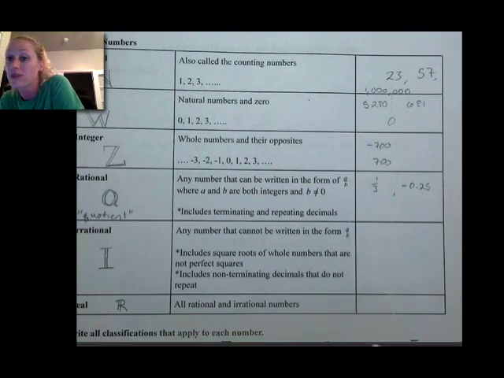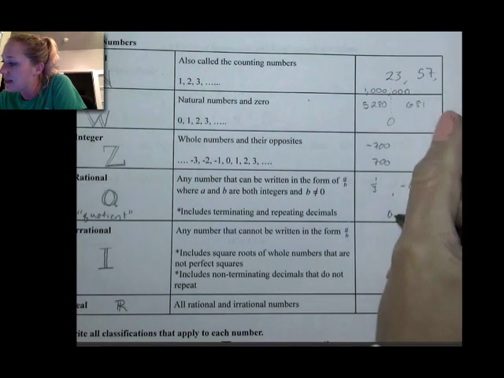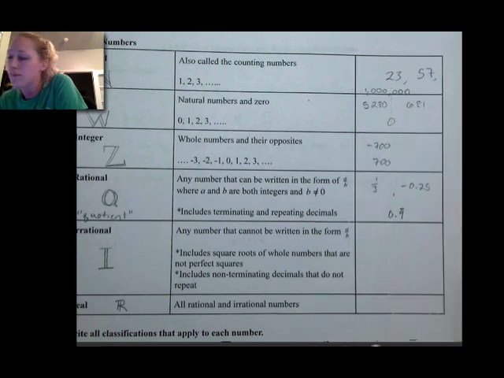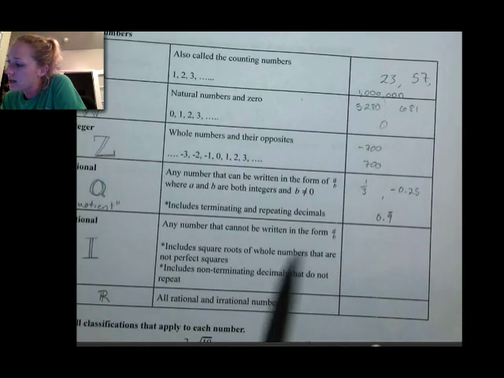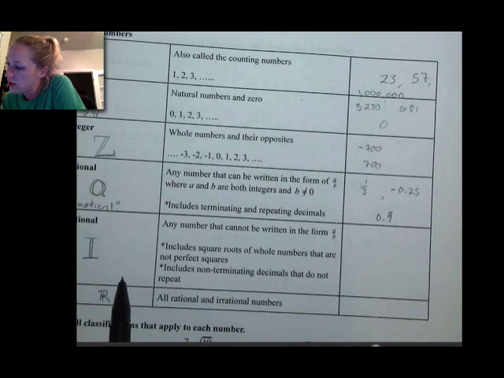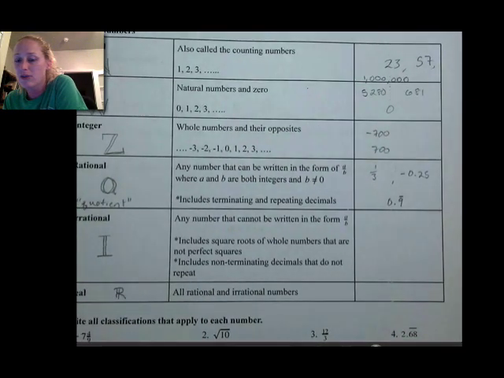If it went on forever without a pattern, it's irrational. Let's see. Let's do like 0.9 repeating. That bar is the symbol for repeating. Okay, so those are all rational. Any number that can be written in the form of a fraction. Okay, sorry. Irrational. Decimals that go on forever and ever without repeating.